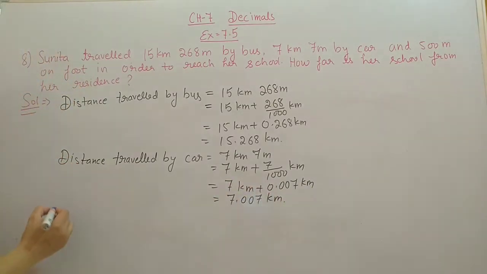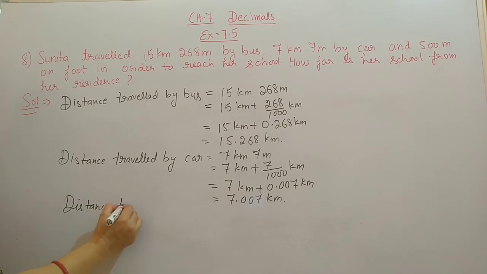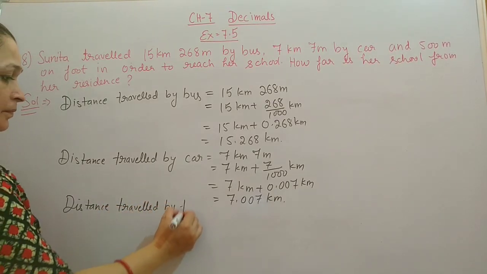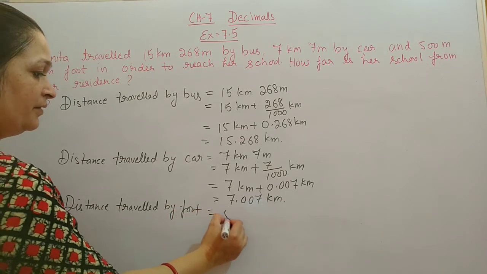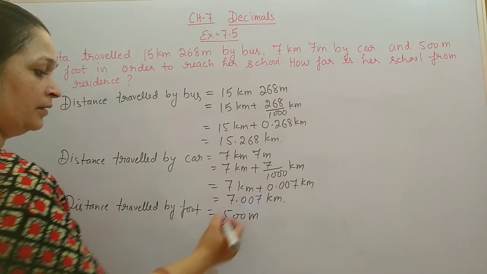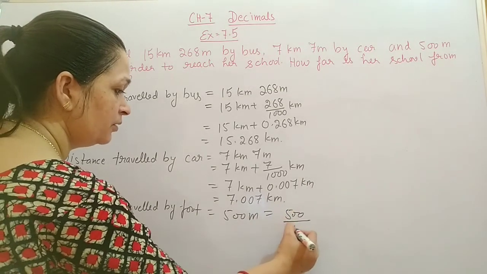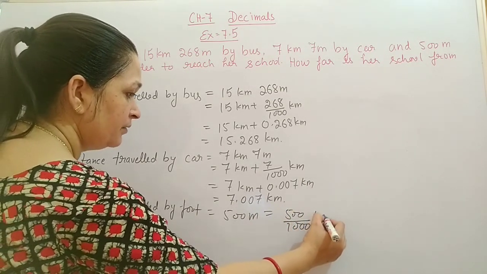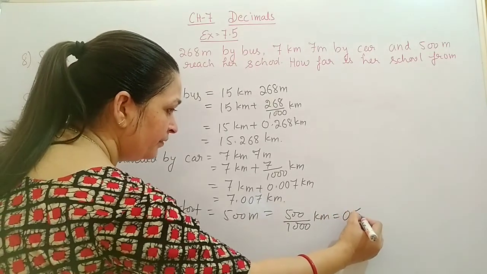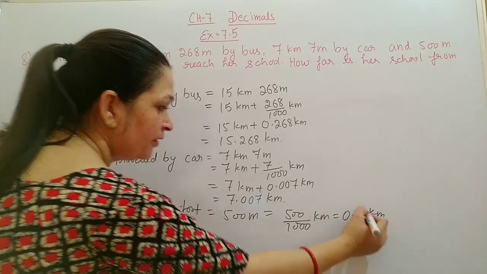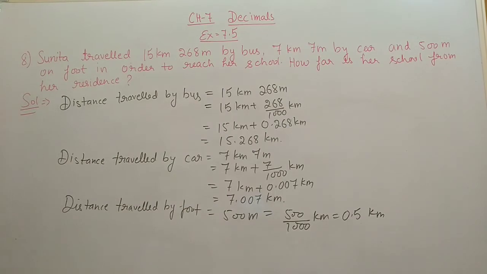And the third distance she covered, distance travelled by foot, is 500 meter, which after dividing by 1000 we can change into kilometer. So it will become 0.5 kilometer. After that, the 00 is not necessary to mention.